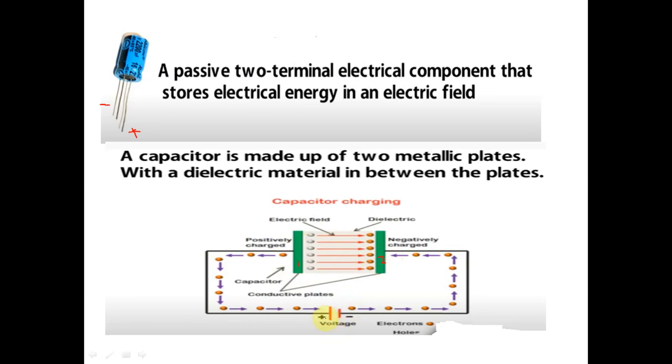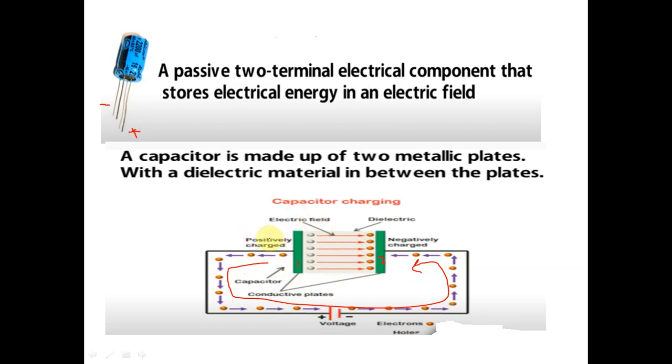When some voltage is applied to the capacitor, the capacitor will charge and current flows from the positive terminal. This one is the positive terminal and this one is the negative terminal. So current flows through the capacitor in this fashion. Between the two metallic plates, an electric field is present.